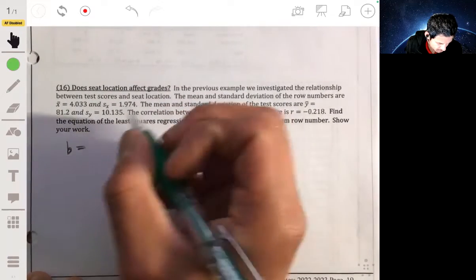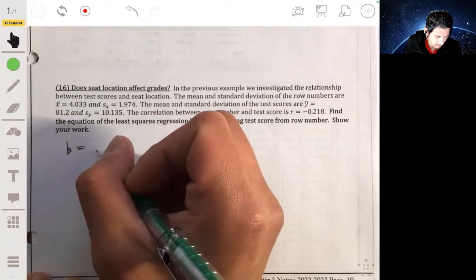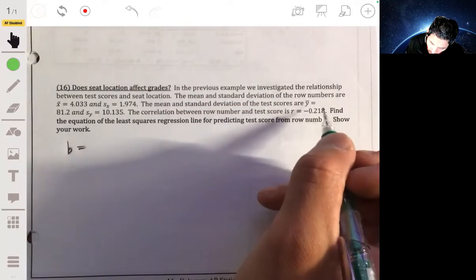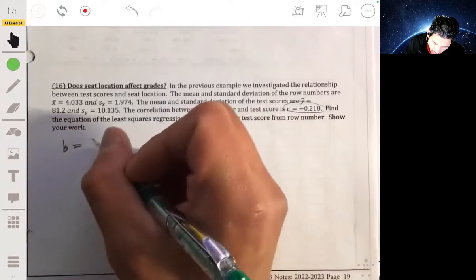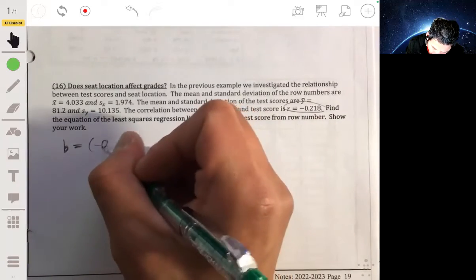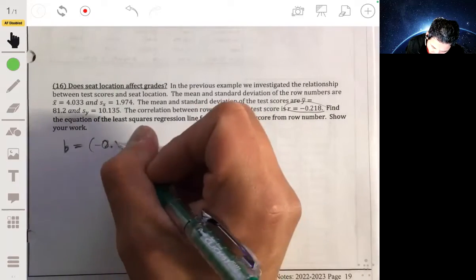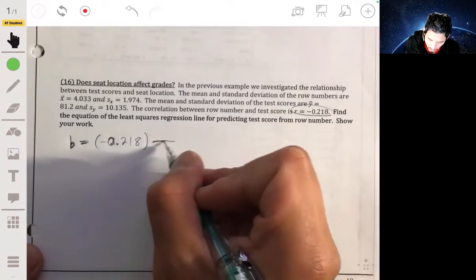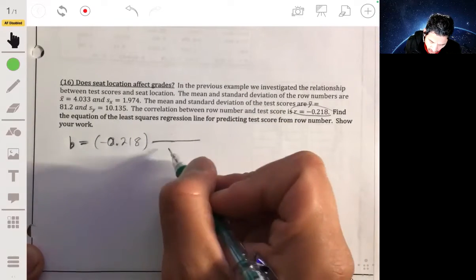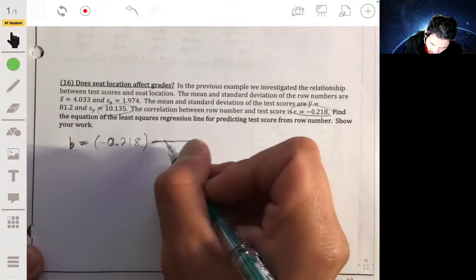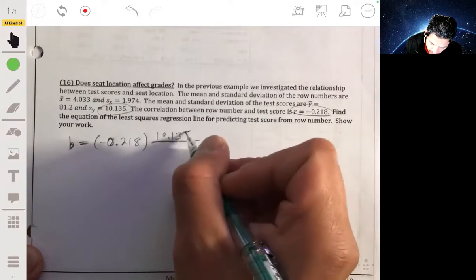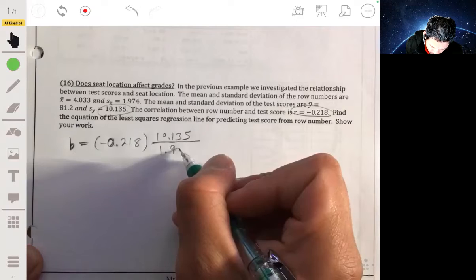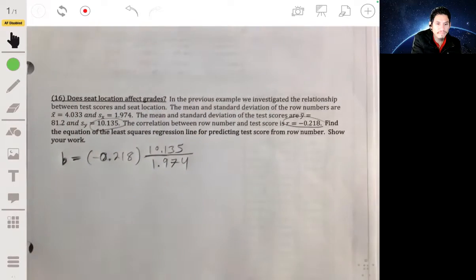So the slope is equal to the correlation coefficient r, negative 0.218, times the standard deviation of y over the standard deviation of x. The standard deviation of y is 10.135, and the standard deviation of x is 1.974.